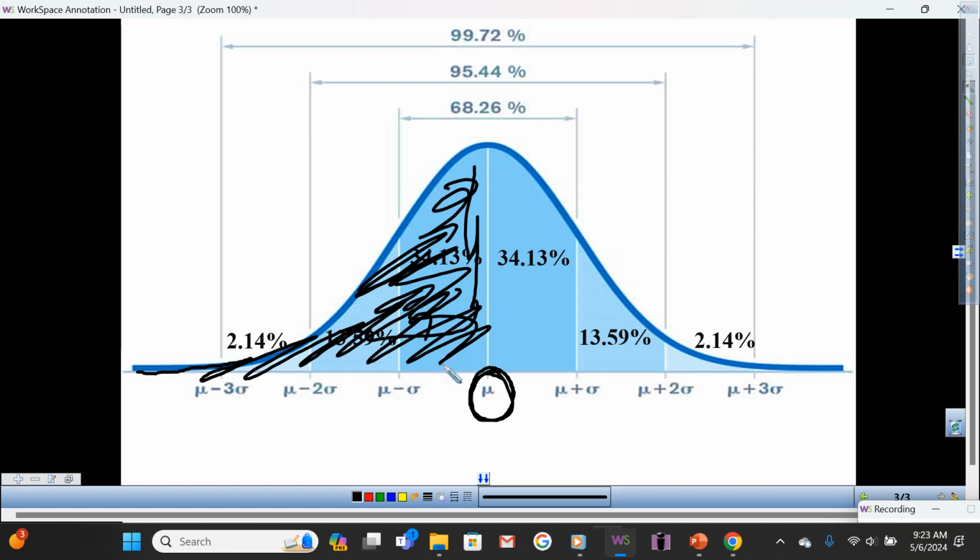All right, what do you think, Briseida? 50%. That is correct, because if this is symmetrical, this cuts it down the middle. That means this is 50%, and all to the right is 50%. That is correct, and so on and so forth.